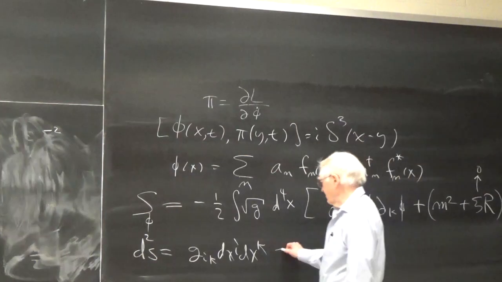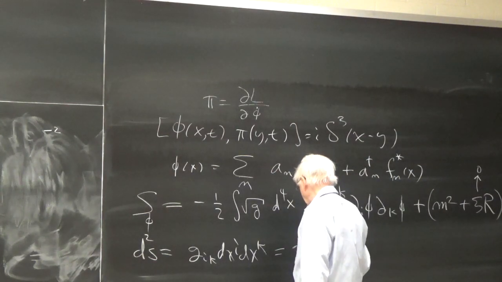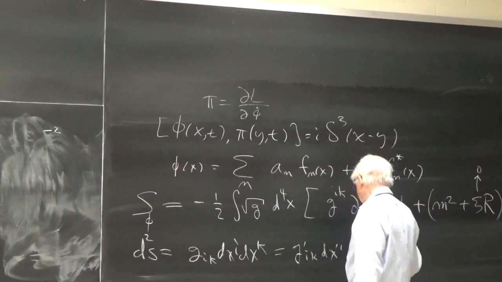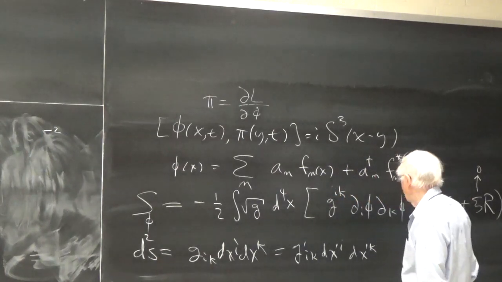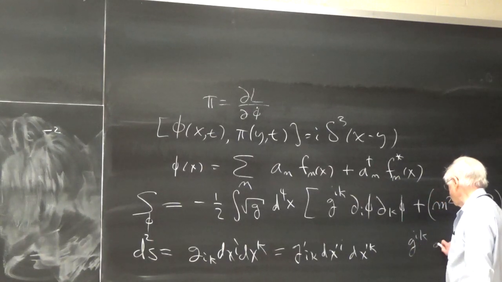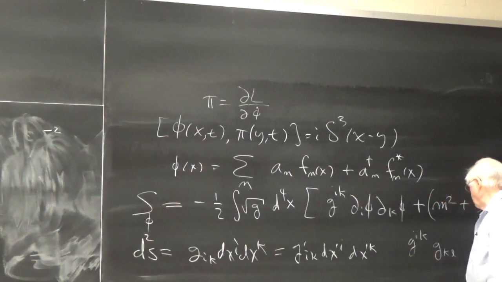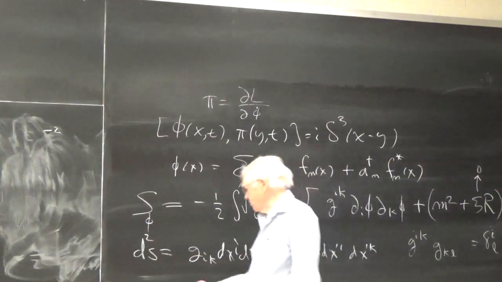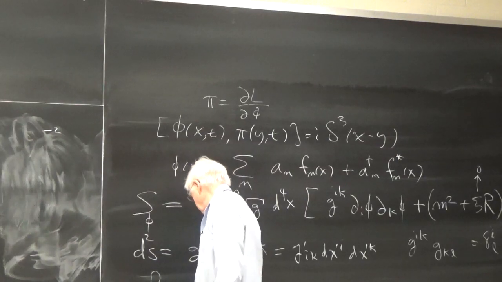So it's the same thing as g'_ik dx'^i dx'^k. g^ik is the inverse of g_ik, so that g^ik g_kl is delta^i_l. And what else here? R is the scalar curvature.